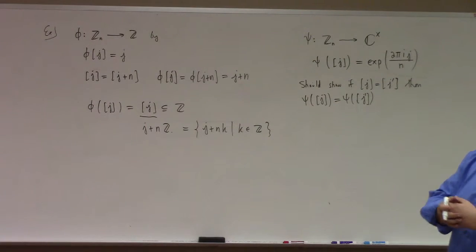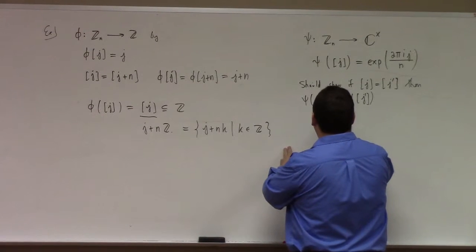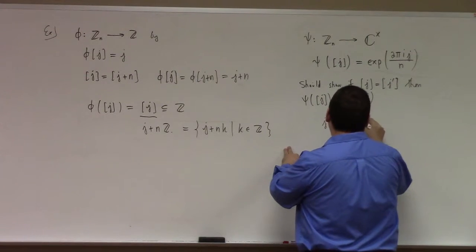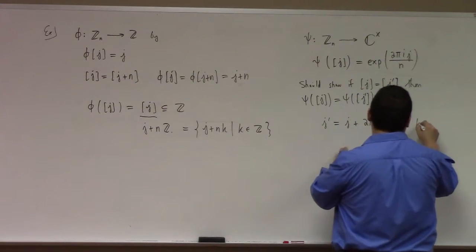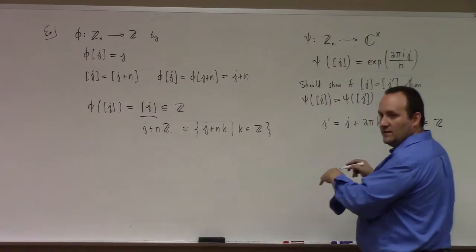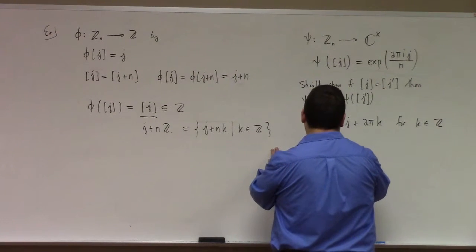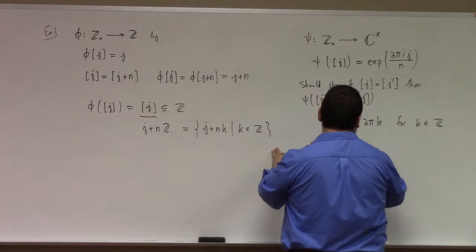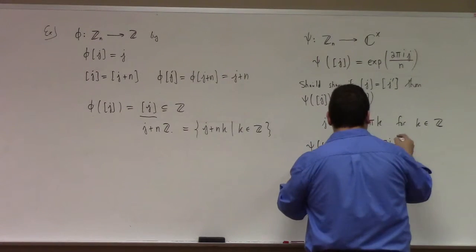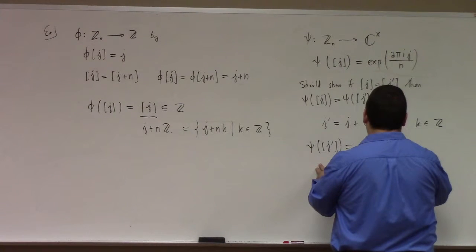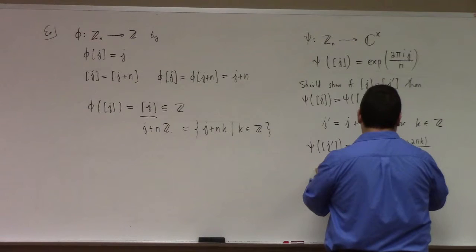This, on the other hand, does not, because if we look at j prime, it would be j plus 2 pi k, right? For some k in the integers. And so when you look at psi of j prime, we get the exponential of 2 pi i j prime, right? But what is j prime? j prime is j plus 2 pi k over n.